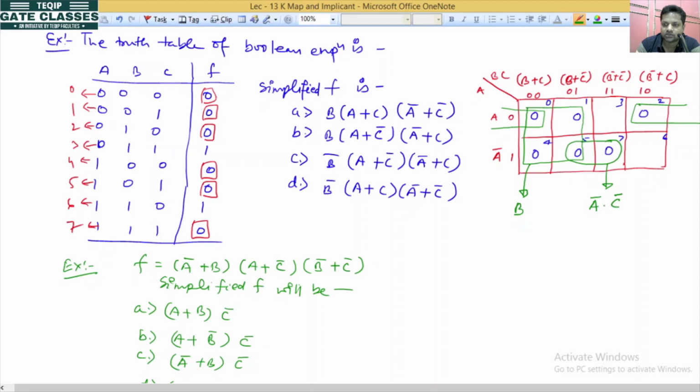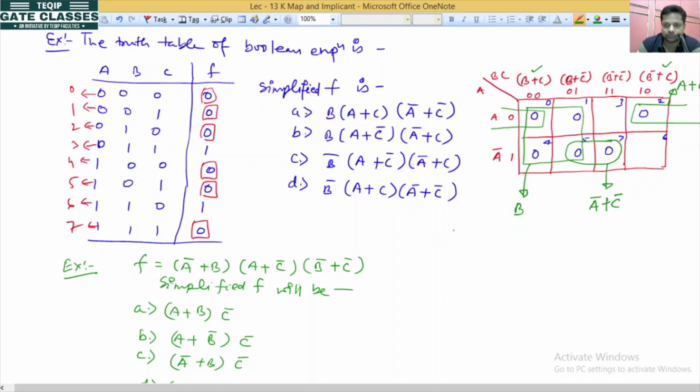We are making sum terms, meaning product of sums, so we place a sum between the two literals. Now for this one, A is common from the row side, and from the column side we have B plus C and B bar plus C, so C is common.